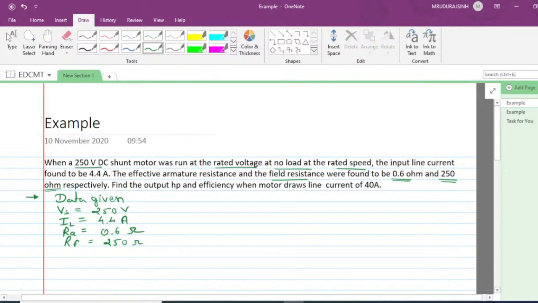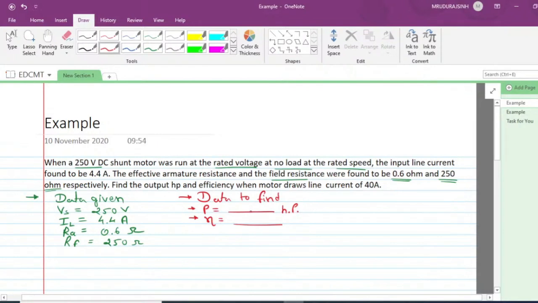Now find the output HP. So now we are going to write the data to find. What data we need to find, we are going to calculate that. So in data to find we need to calculate output power P in HP, and efficiency when the motor draws line current of 40 ampere.